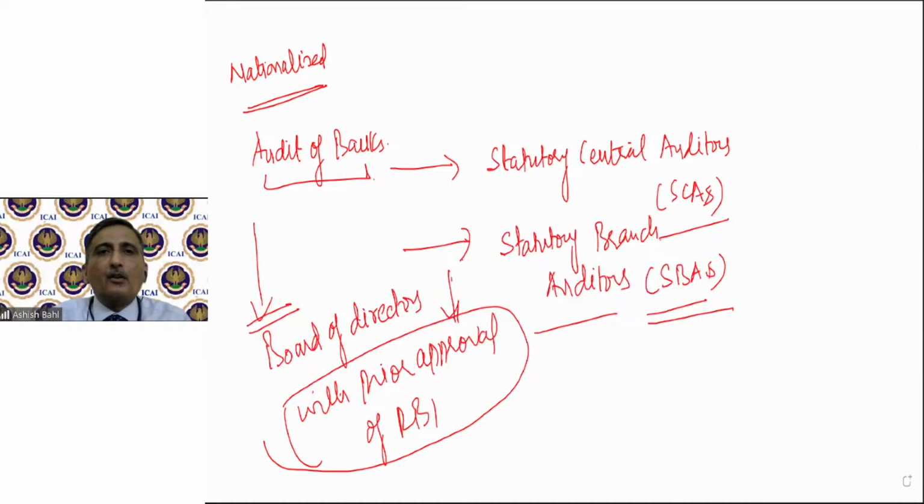And what about banks which are not nationalized banks? What about private sector banks? In those cases, the auditors are appointed by shareholders in AGM, as in case of companies, but that too with prior approval of RBI. So RBI approval is mandatory.